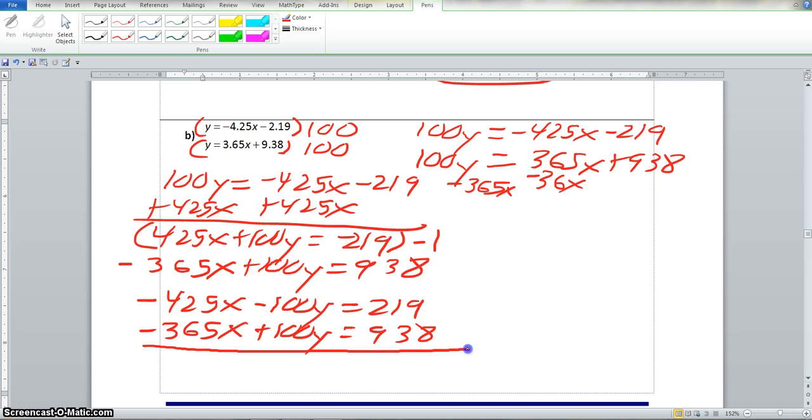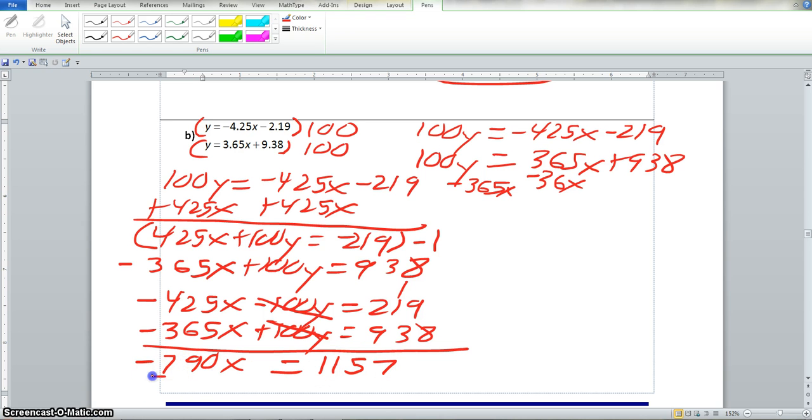Now we will add these values. A negative 425 and a negative 365 will give us a negative 790x. These y's will simplify out, and then we will add these values here. This will give us 1,157.